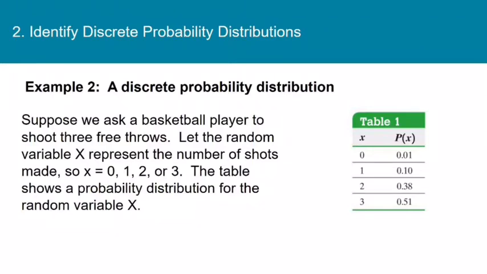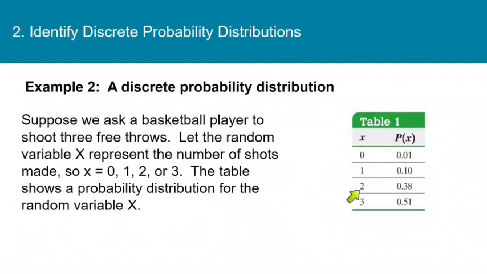And the table shows the probability distribution. So the possible outcomes for number of baskets made are 0, 1, 2, or 3. So for each set of 3 free throws that he makes, the probability that he'll make 0 baskets is 0.01. The probability that he'll make 1 basket of the 3 is 0.10.